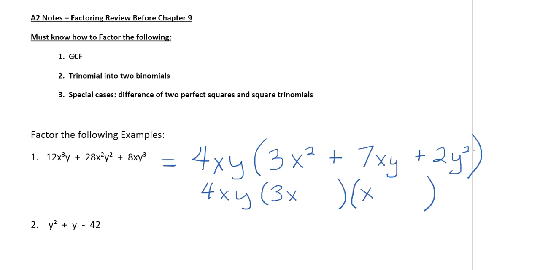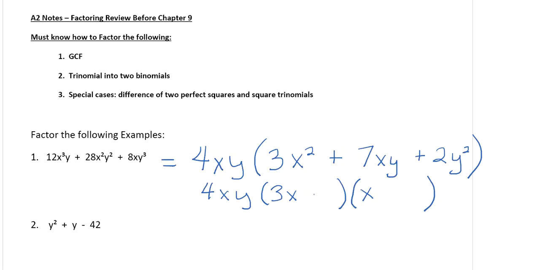To get a 2y squared, we know we're going to have a 2y and a y, but we're not sure where to put them. So I start planning ahead. I'm looking at this middle term, knowing that I have to get a 7xy with my outer and inner product added together. So you can just start trying.